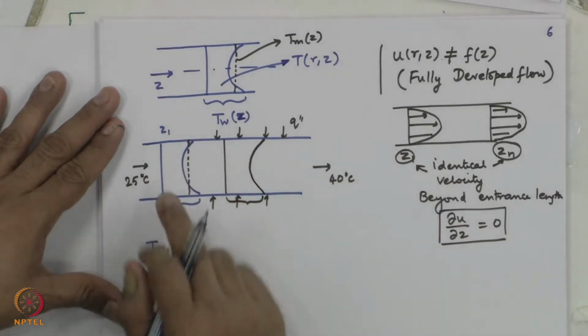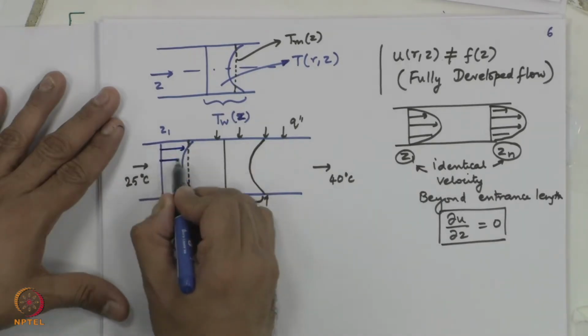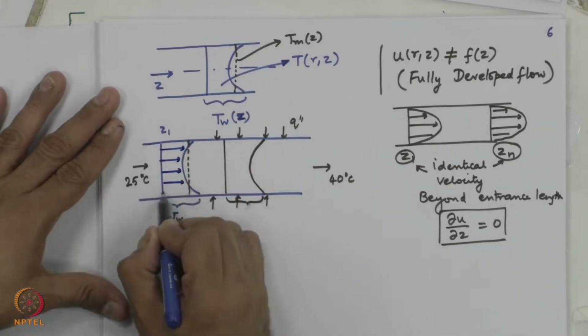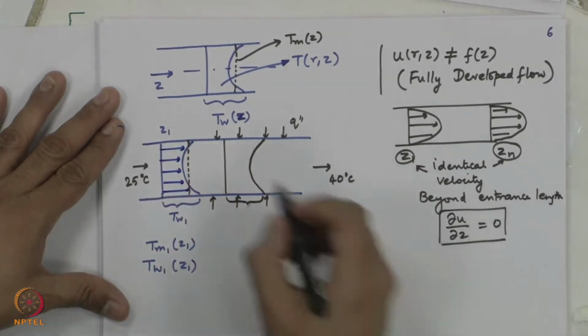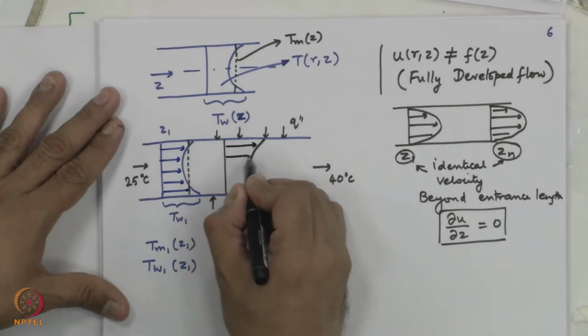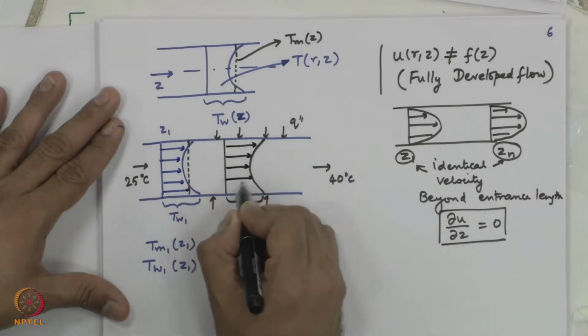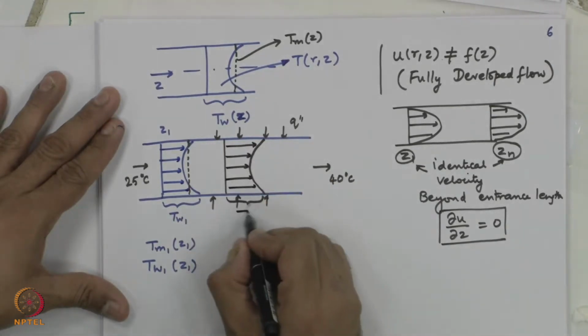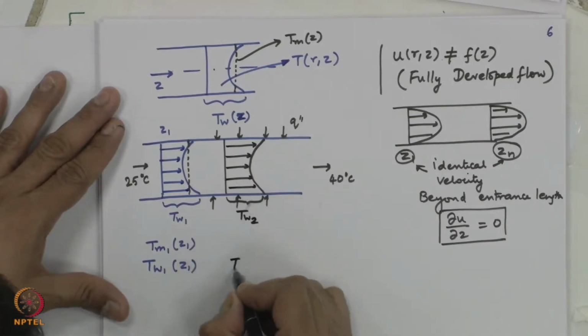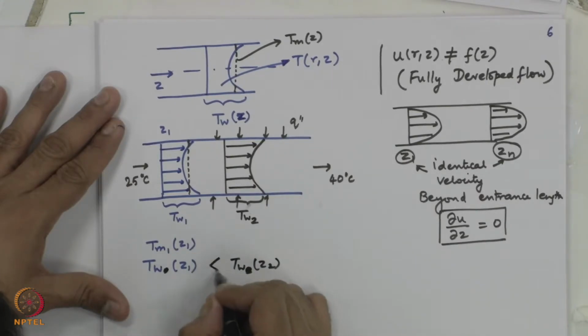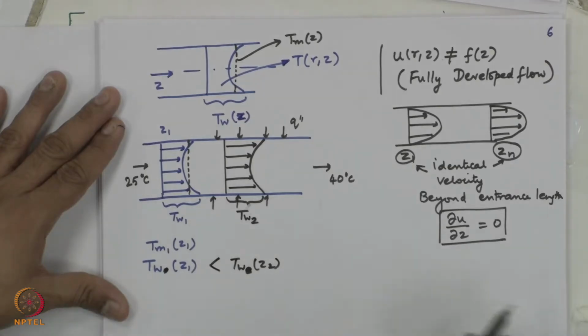So you can notice the lines here, which are a representation of the temperature, are smaller than the lines here, which are a representation of the fluid temperature. T wall 2 at Z2 is going to be greater.